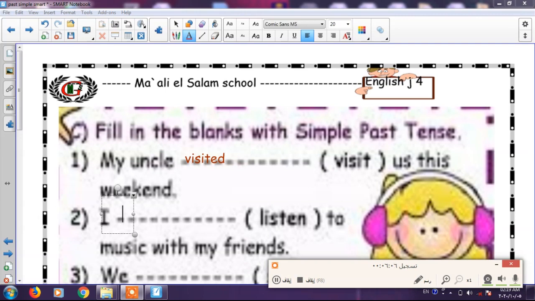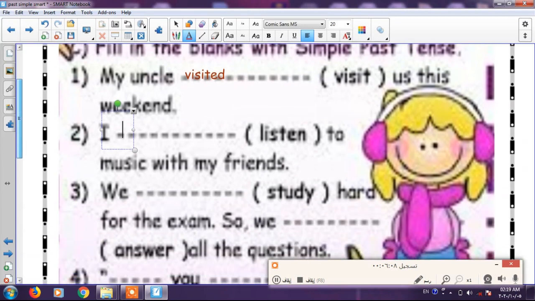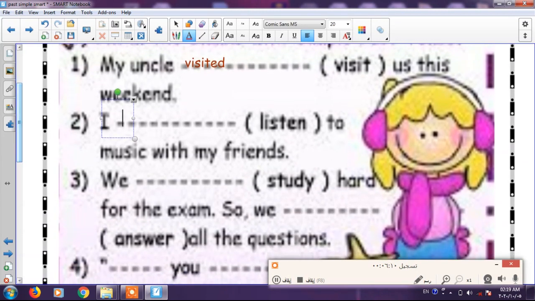Number 2. I listen to music with my friends. Okay, I will turn the verb listen to the past. So what will I add? I will add ed to the verb. So listen will become listened. It will be listened.